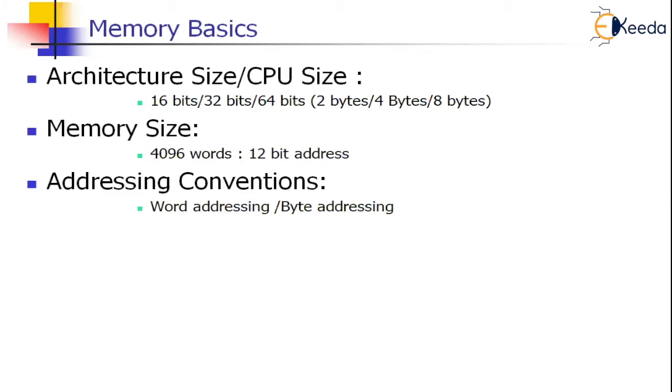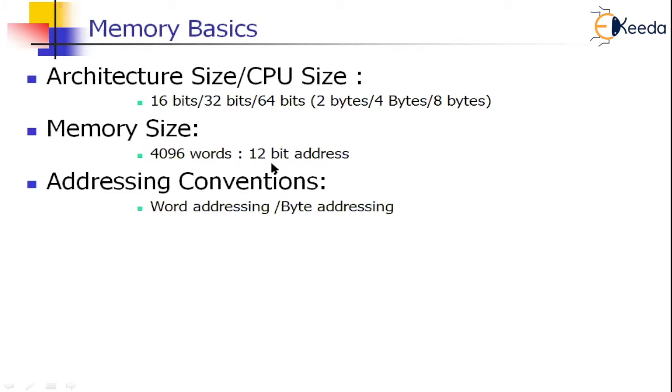What is our job right now? We need to design a processor. In order to design the processor, we need to design the register set. In order to design the register set, we have to design the memory initially. At least we need to understand the capacity and size of the main memory that we have. Our main memory is constructed with 4096 words, in which the address part is 12 bits.